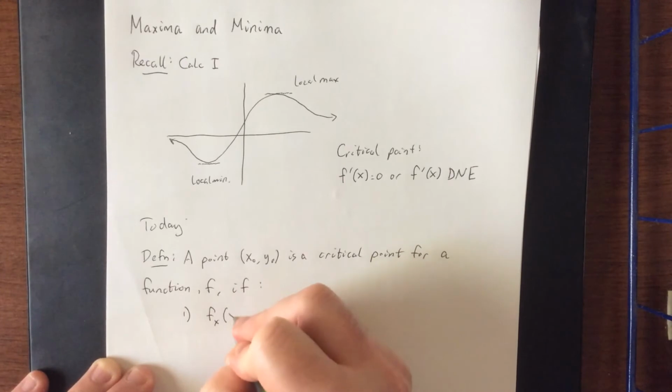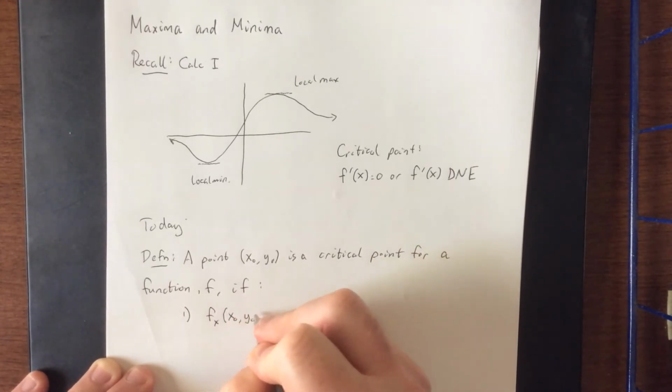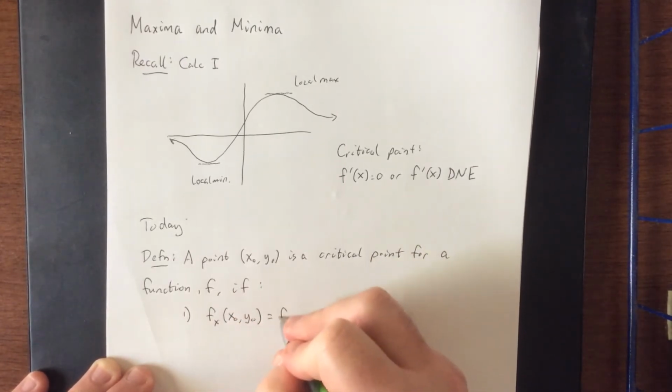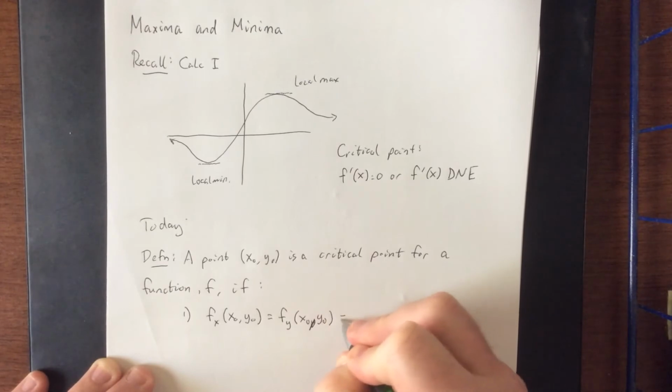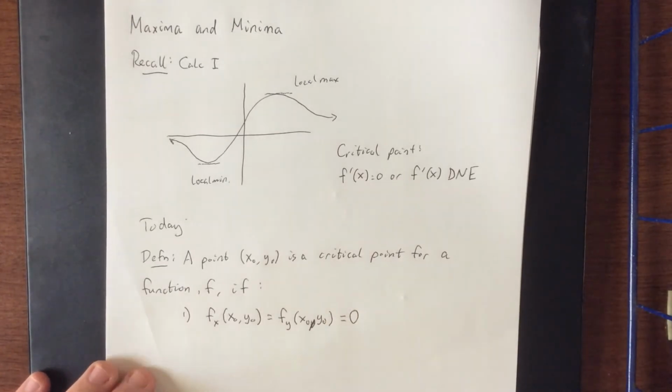The partial derivative of f with respect to x evaluated at x0 and y0 is equal to the partial derivative with respect to y evaluated at x0, y0, and both are equal to 0.